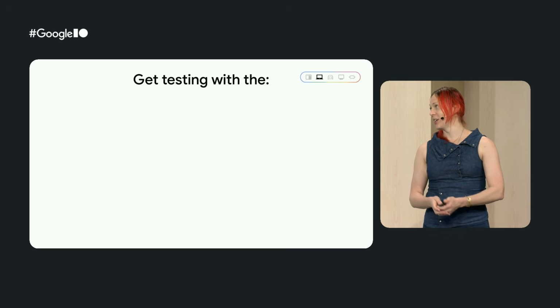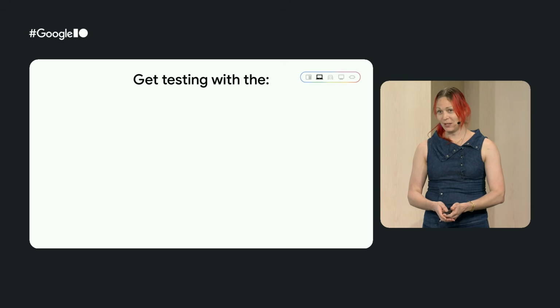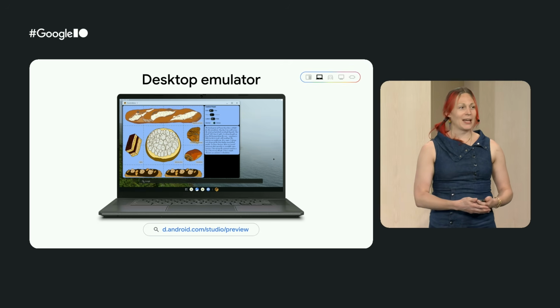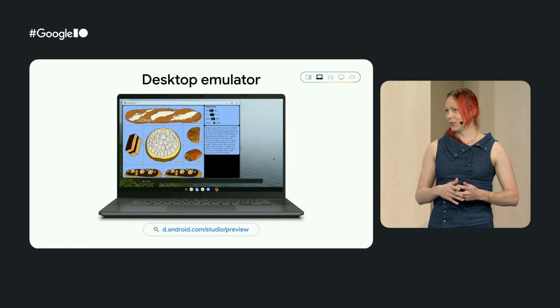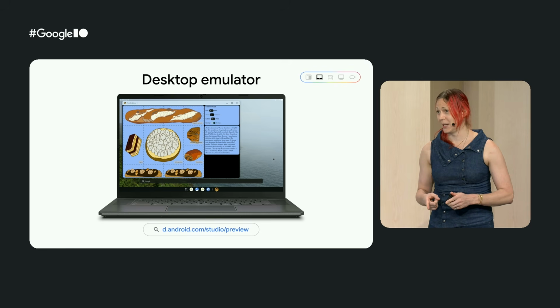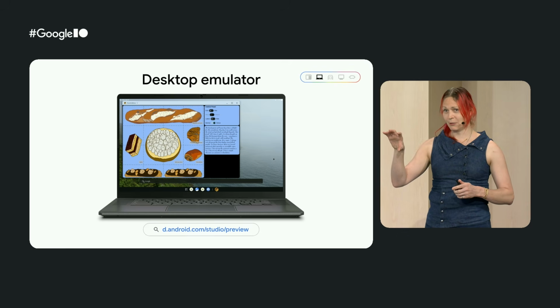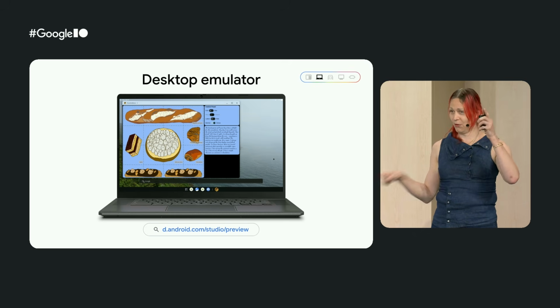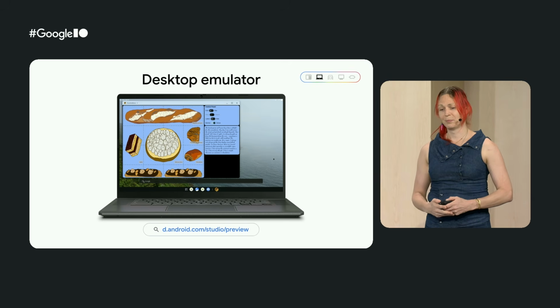And one way to start testing for that is with the new desktop emulator that is now available in Android Studio Canary, Quail Canary 4, I believe. And you can find it in the Virtual Device Manager under Desktop Preview. And just make sure it says SDK 37, and you should get that resizing experience happening.